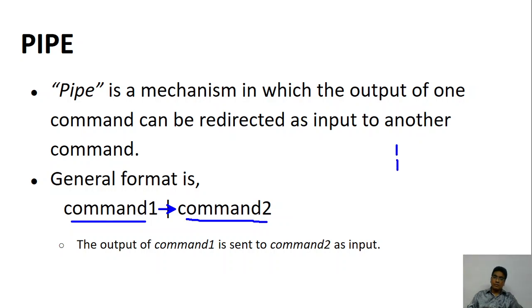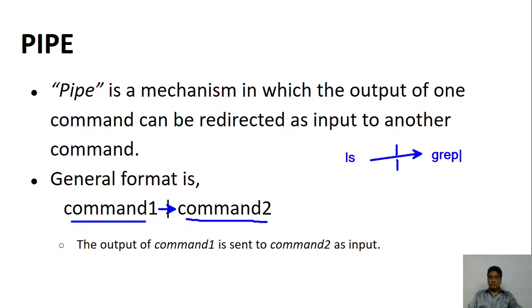This pipe symbol is available near your enter key. If you search on your keyboard, the pipe sign will be available. Suppose you have a command like ls, the output usually comes on the screen, but using the pipe you can give this output to maybe grep or any other command for that matter.